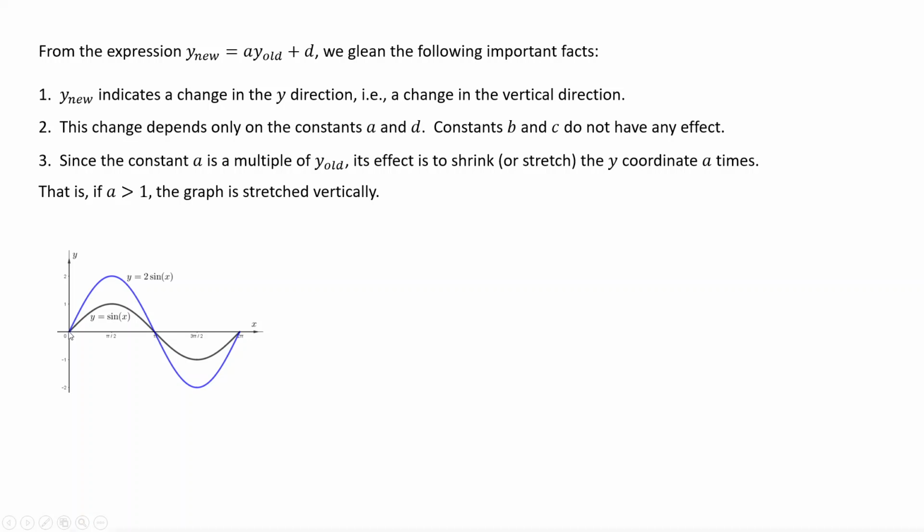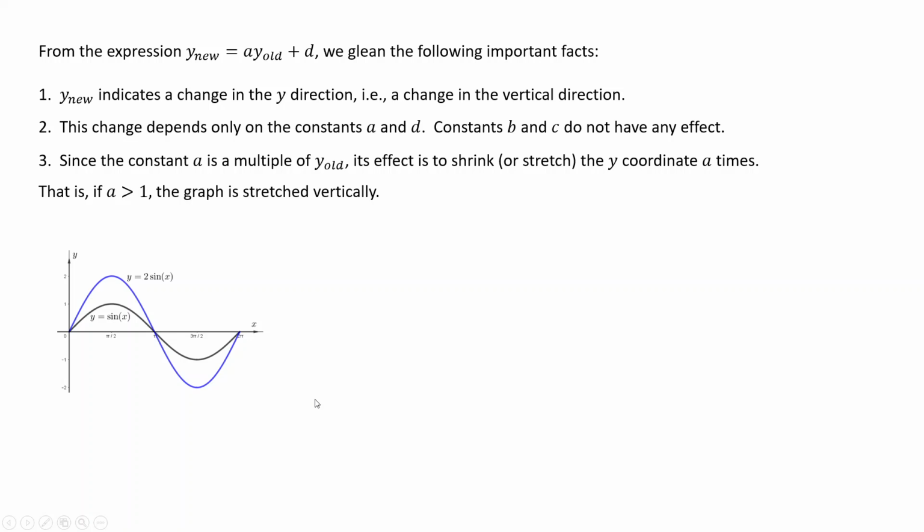So any y value that is equal to 0 is not affected at all. But all the other values, for instance, at 3 pi over 2, we have -1. So that gets doubled. 2 times -1 is -2. So this became -2. Right? We can glean all that information based on this formula. That's the beauty of this.